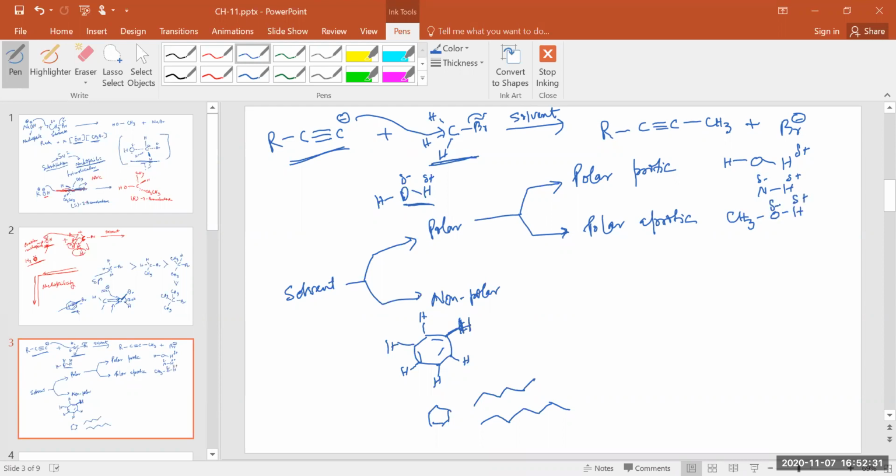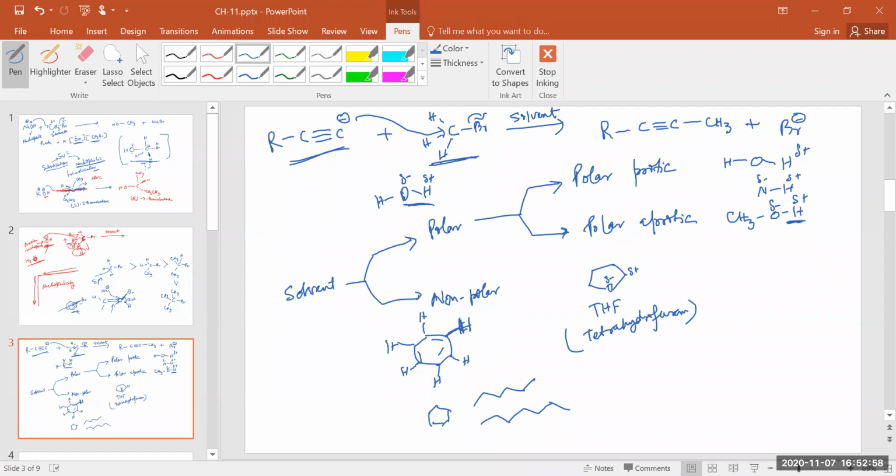Okay. What is a polar aprotic solvent? It means it is polar but there is no polar H. The example is THF. Here oxygen is delta negative, carbon is delta positive. It is called THF, tetrahydrofuran.